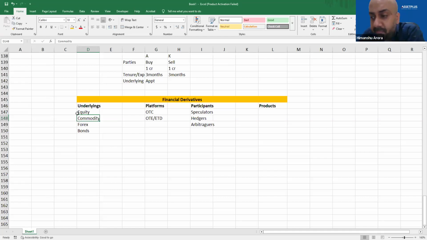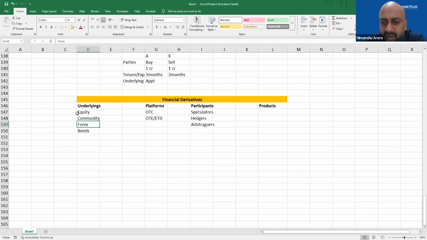Commodity derivative: for example, a farmer entering into a contract with Britannia to sell wheat at a later date. For example, you entering into a contract to buy gold from a jeweler at a later date. Forex derivative: your son, your daughter, or you yourself, for whatever reason, plan a visit to the US 3 months from now and your biggest risk is the currency, because you will be consuming, let us say, $10,000.